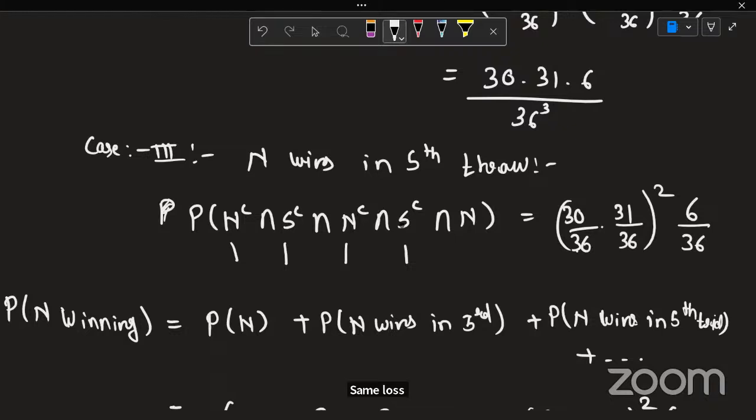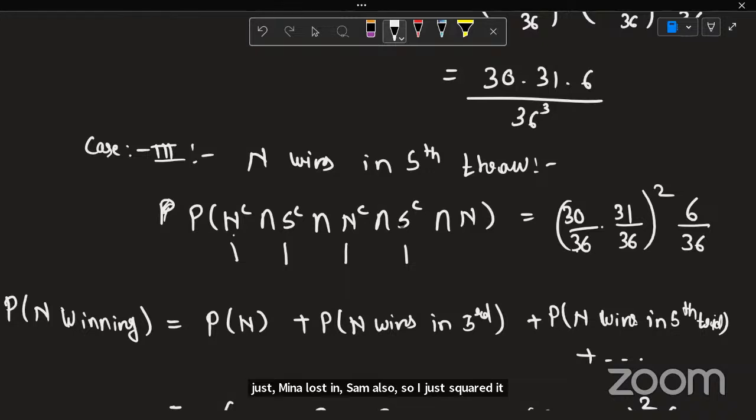So the probability of Nina losing is 30/36, right? Yeah, ma'am. So this will be 30/36. The probability of S complement will be 31/36. We have calculated that. Then again, Nina lost and Sam also lost. So I just squared it.